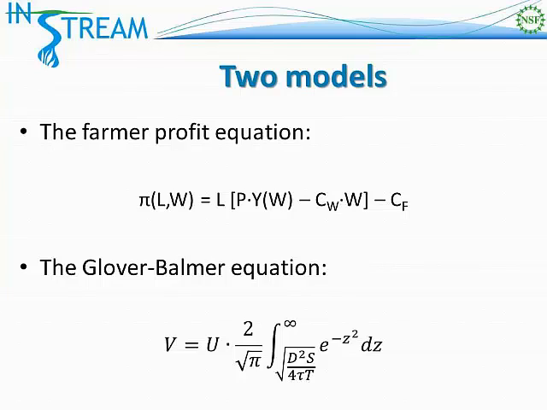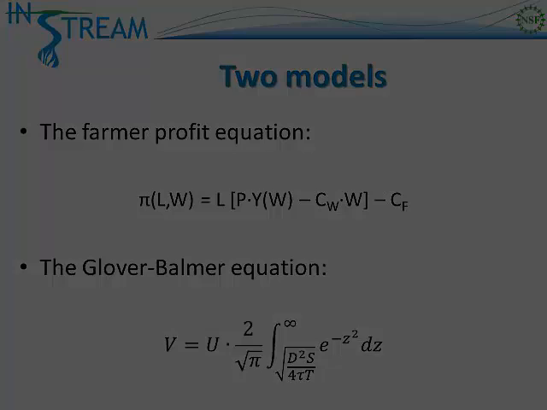In part 4 of the module, we discussed the Glover-Balmer equation, which helps us estimate what the rate of stream depletion is given the rate of groundwater use at a well and different characteristics of that well. How can these equations help us look at policy questions?